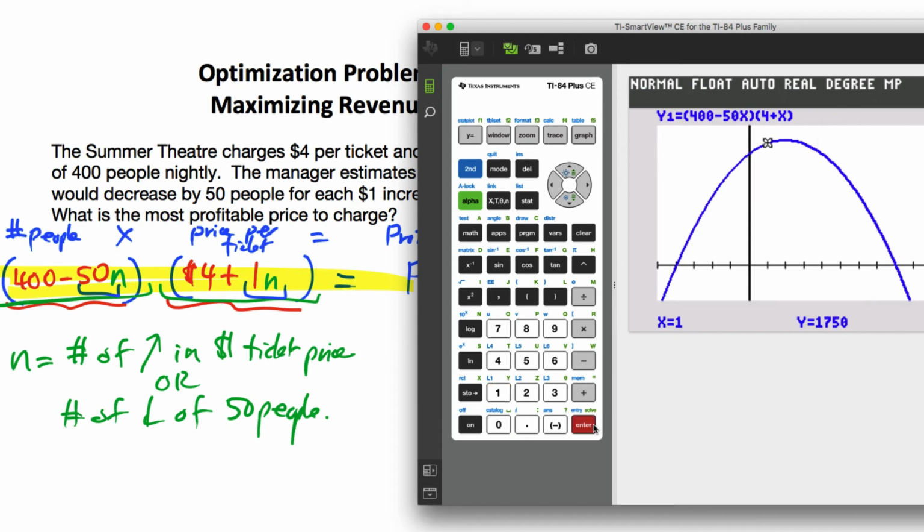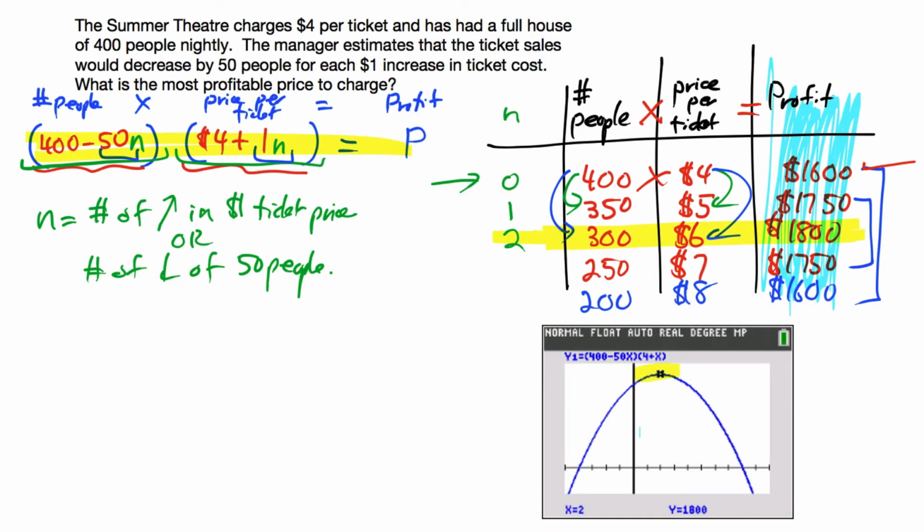If we have 1 increase, there's my $1,750 in profit, represented in my table, and 2, which appears to be the maximum profit, 2 increases in price from $4 to get a price of $6 generates a profit of $1,800. So we can see that the maximum profit occurs, as we've talked about with other examples, at the vertex of the parabola. So we can see from our table and from our graph that the maximum profit occurs when n is 2 and the profit is 1,800.